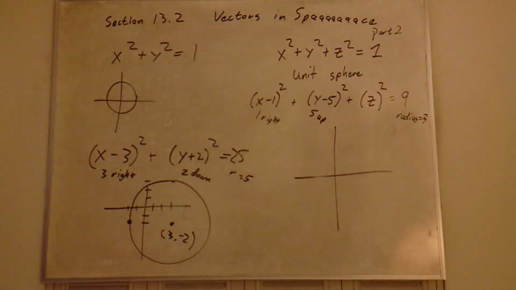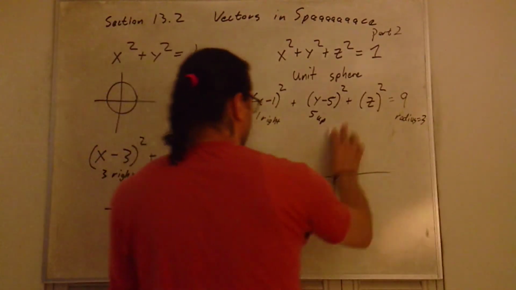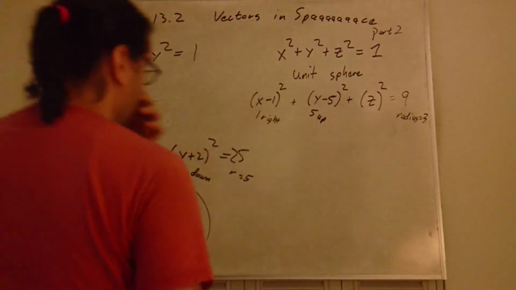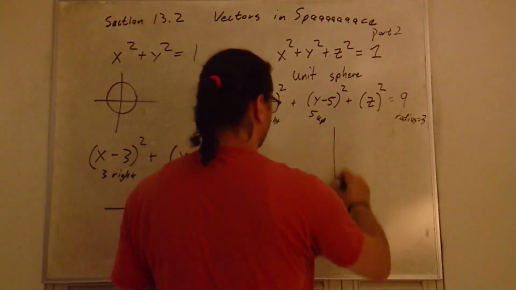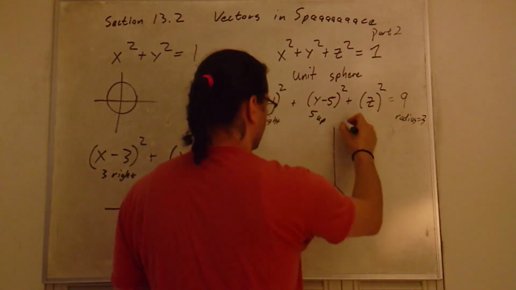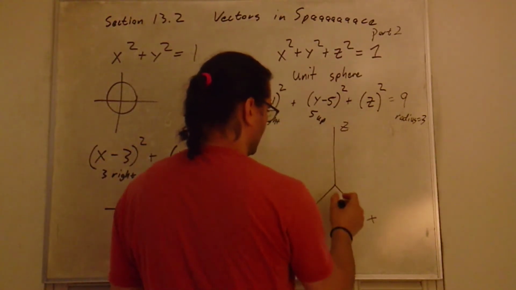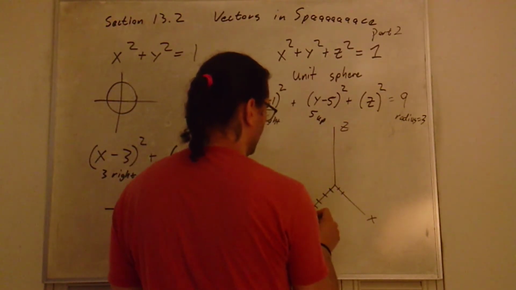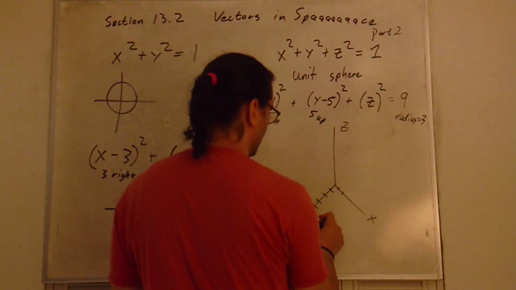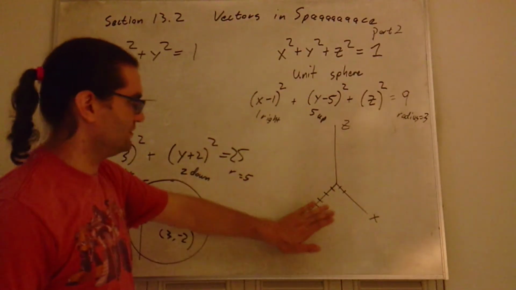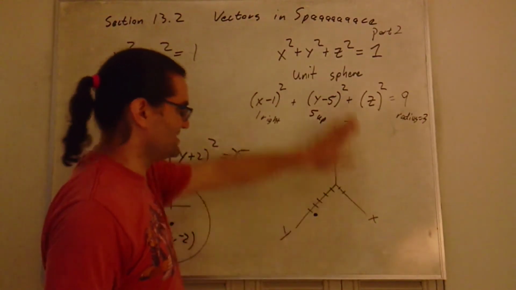I'm going to try to sketch this. I think it's probably not going to work, but I will attempt. This is x, and this is y, and this is z. We're going to have something that is 1, 2, 3, 4, 5. So the center will be here, and it's not going to go up or down on the z-axis at all.